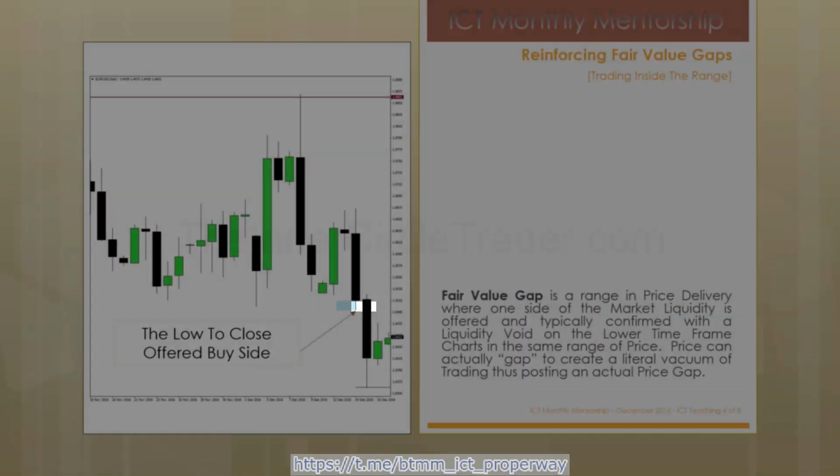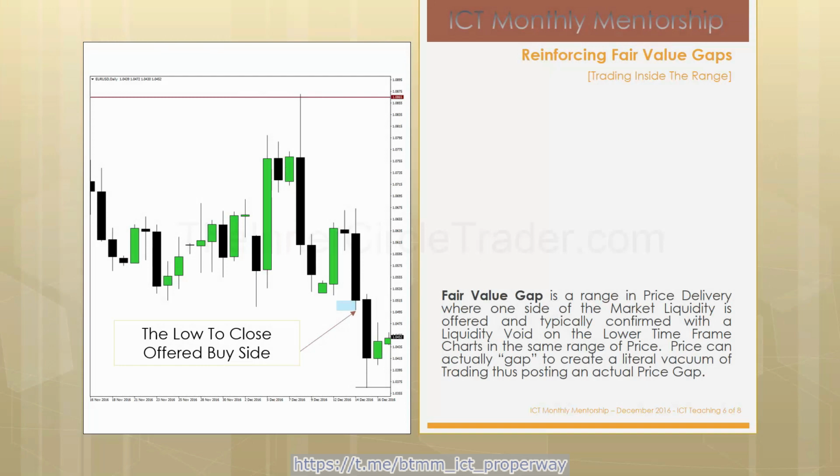In other words, on this candle's low up to the close, price had come off that low. So if it came off that low to have a higher close on that candle, that means the buy side liquidity had been offered on that range between 105.15 to 105 big figure.